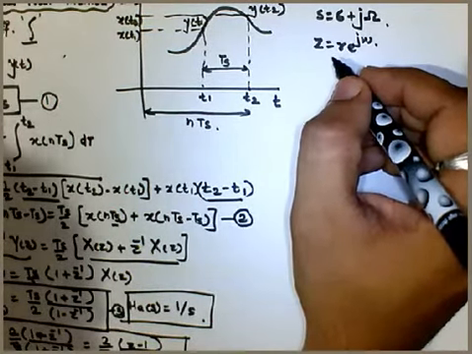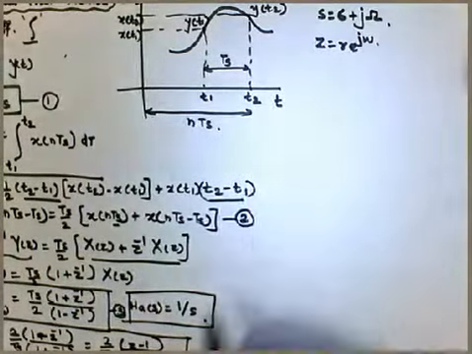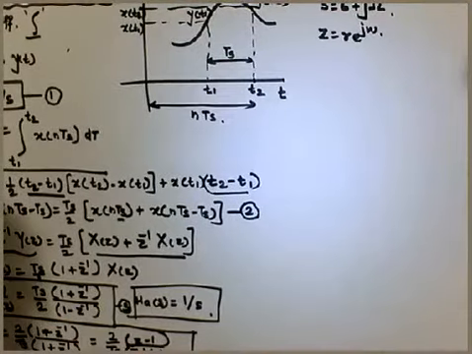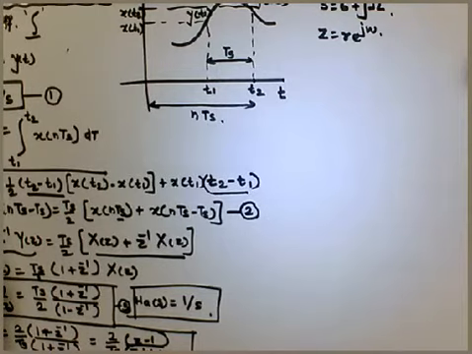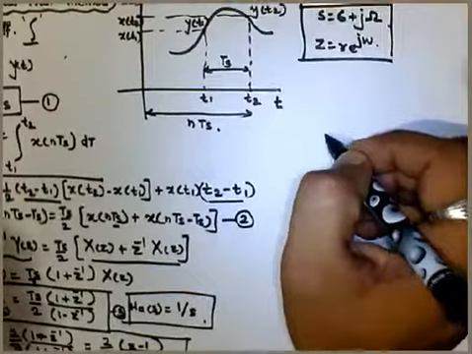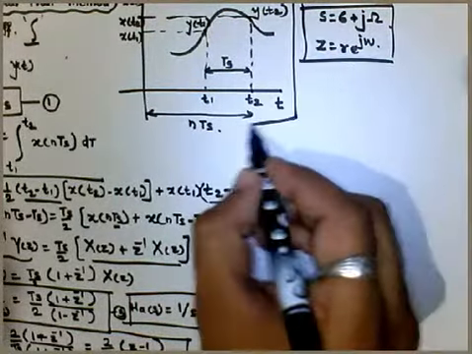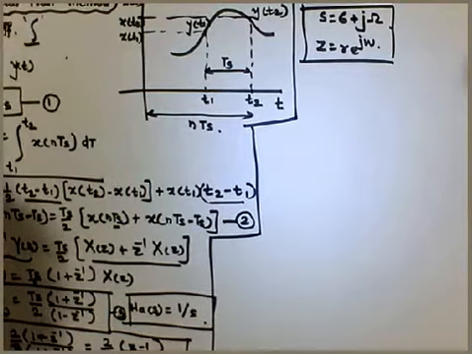For this particular equation, S is equal to 2 by Ts times (Z minus 1) by (Z plus 1). If we substitute this, it will ultimately give us the relation. So let's proceed with calculating it further.